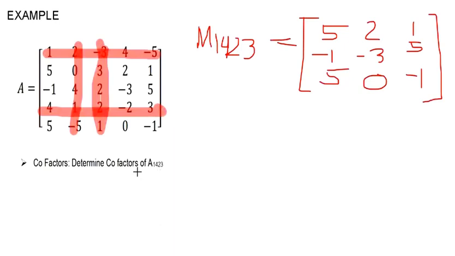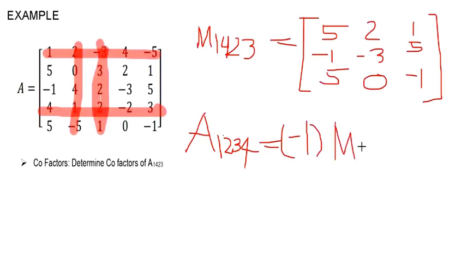So, yung cofactor ng A1, 2, 3, 4, that is equal to the sign of our minors. So, we have to multiply a negative value to our minor 1, 4, 2, 3.